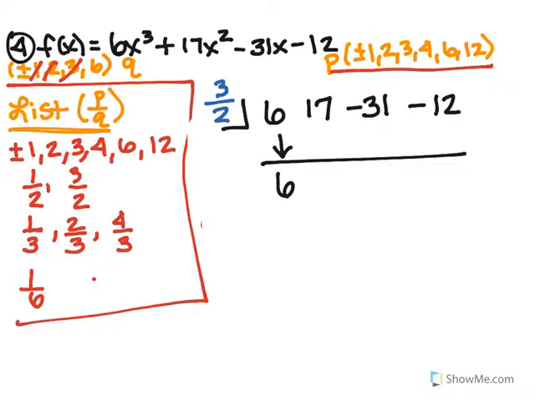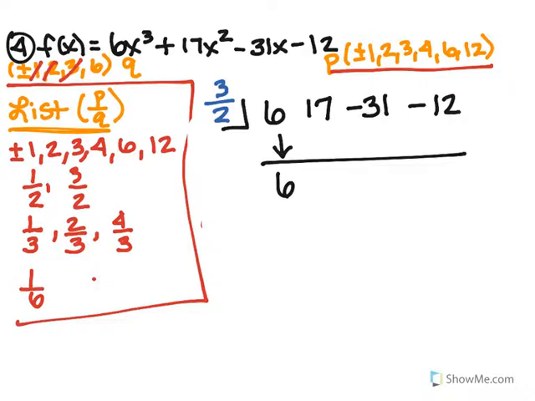3/2. Now, on the previous problem, I think we did 1/3, and I told you I was dividing by 3. Well, I'm going to divide by 2, but I'm going to have to multiply by 3 before I write my answer. This is me doing it without a calculator, but you can type in 3/2 times 6, and it will give you your answer.